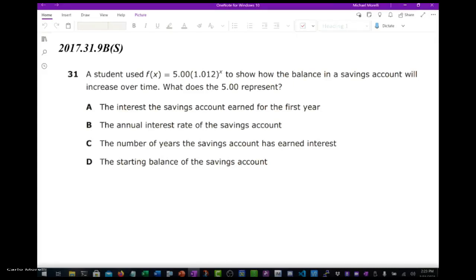It's an easy problem. That's a real problem from the 2017 test, y'all. What's the answer? D. Yeah, 5 is the starting value. Okay, what's the rate of growth as a percent? 1.2. Where does it cross the y-axis? Great.